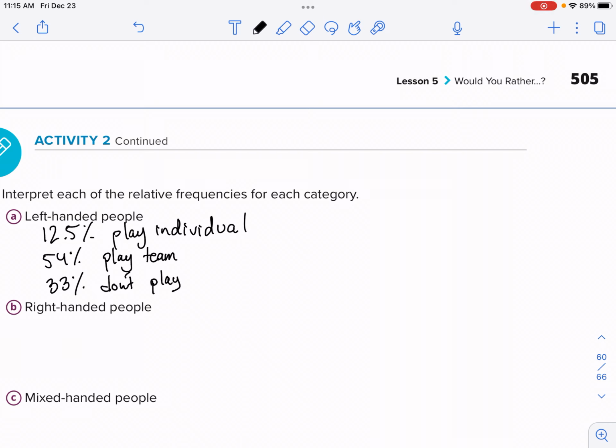And let's just go quickly through right-handed and mixed. So for right-handed, it was 18% for individual, 70% for team, and for that, it was 12% that we'll just put no, that do not play a sport.